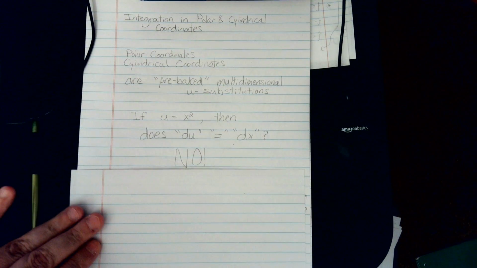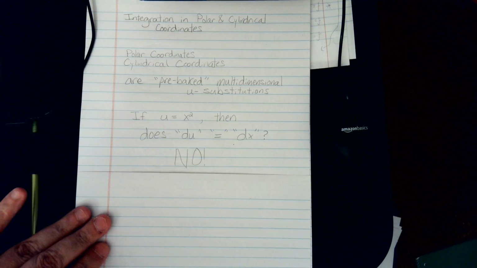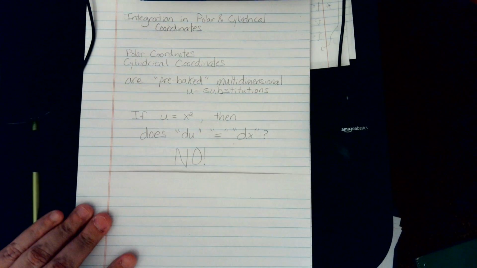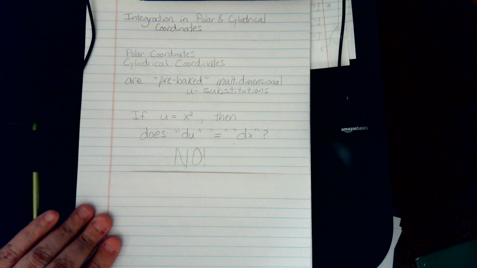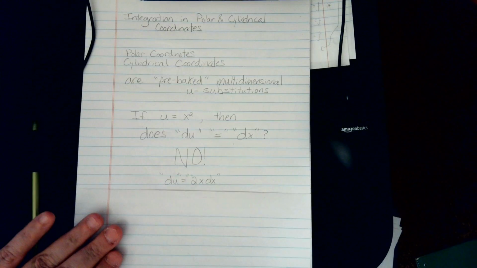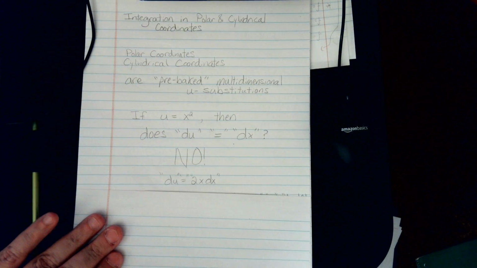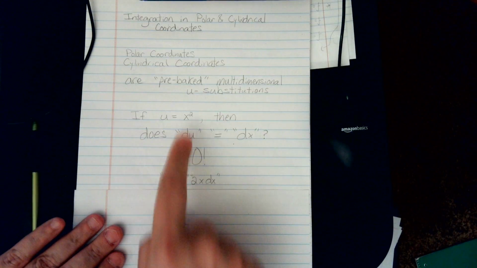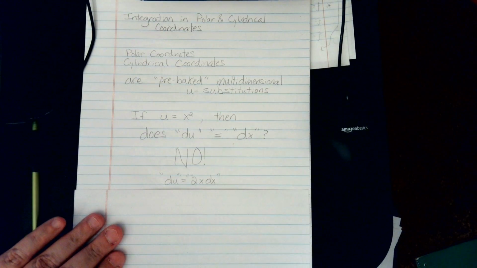I have quotes on the equal sign and on the du and the dx, because it's all very symbolic, but you know what I mean. What you're going to do is view du as being 2x dx. You're going to take the derivative of the x squared and say, okay, du is 2x dx.